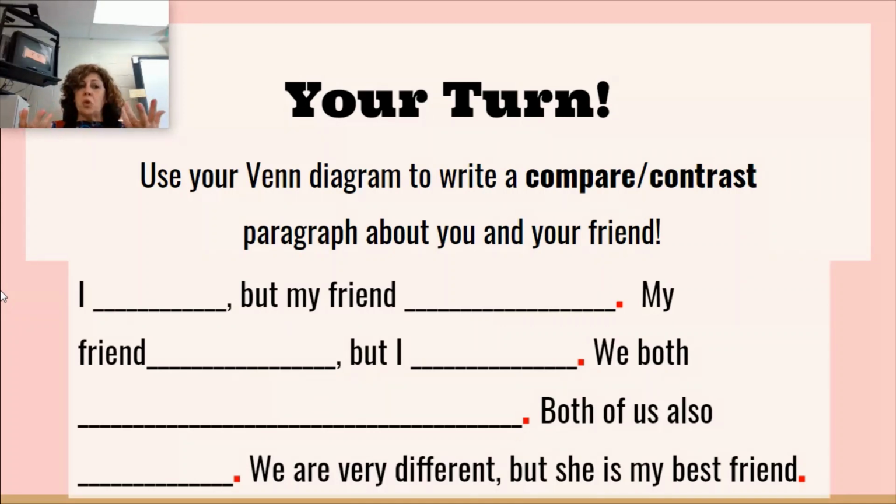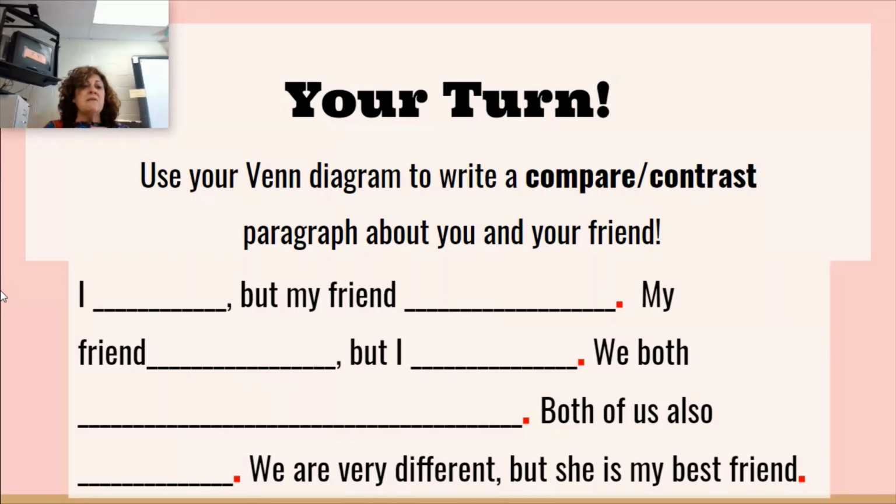So if I was going to do this with my best friend D, I would say, I am short, but my friend D is tall. My friend D likes to ride bikes, but I love to go hiking. We both enjoy traveling abroad. Both of us love good food. We are very different, but she is my best friend.